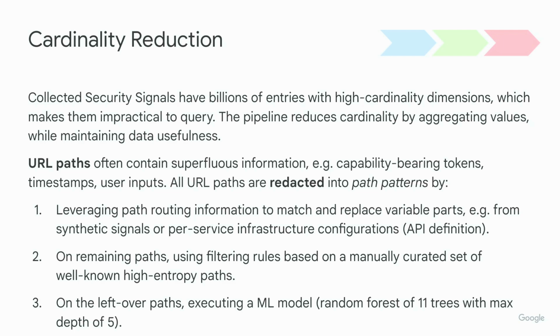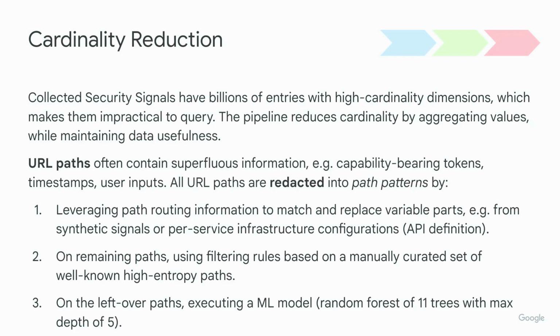Because from the web perspective, you just need one URL which will link to a given endpoint, to a given service, and a given action. And that works pretty well. Like 90% of the paths are redacted during the first step.